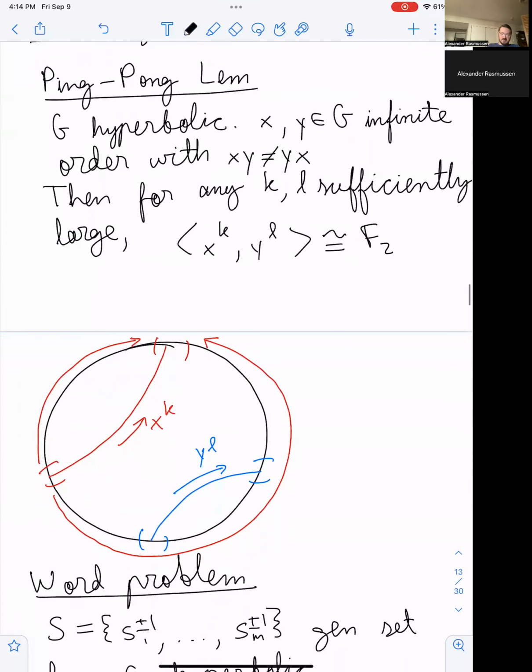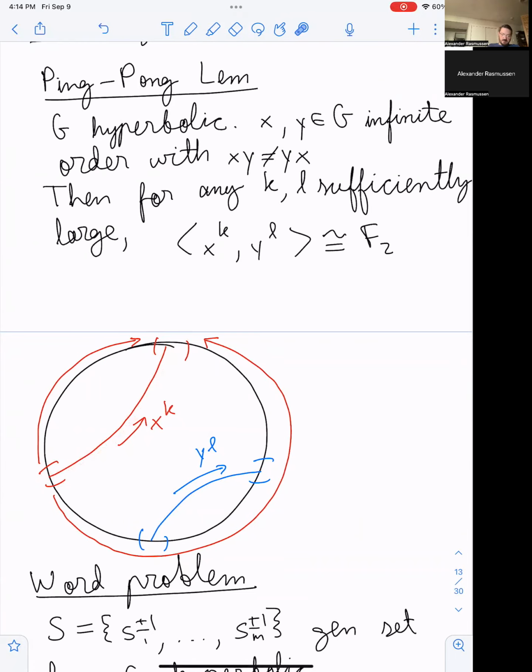And this is called the ping pong lemma for a very specific reason. So your elements X to the K and Y to the L are going to be loxodromic elements. So they preserve 2 lines in your Cayley graph, which have distinct endpoints. And they translate along these lines.